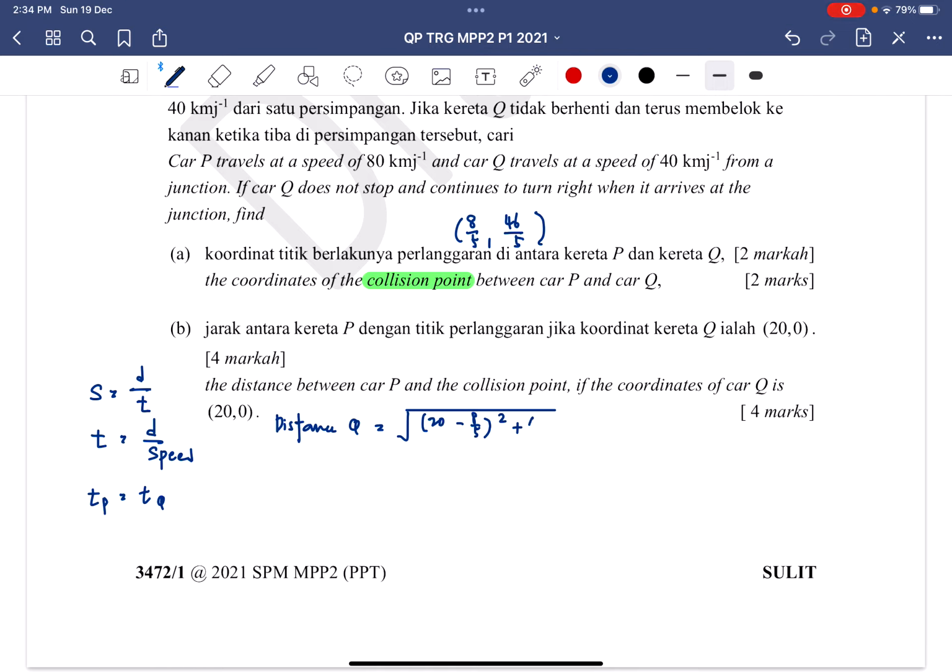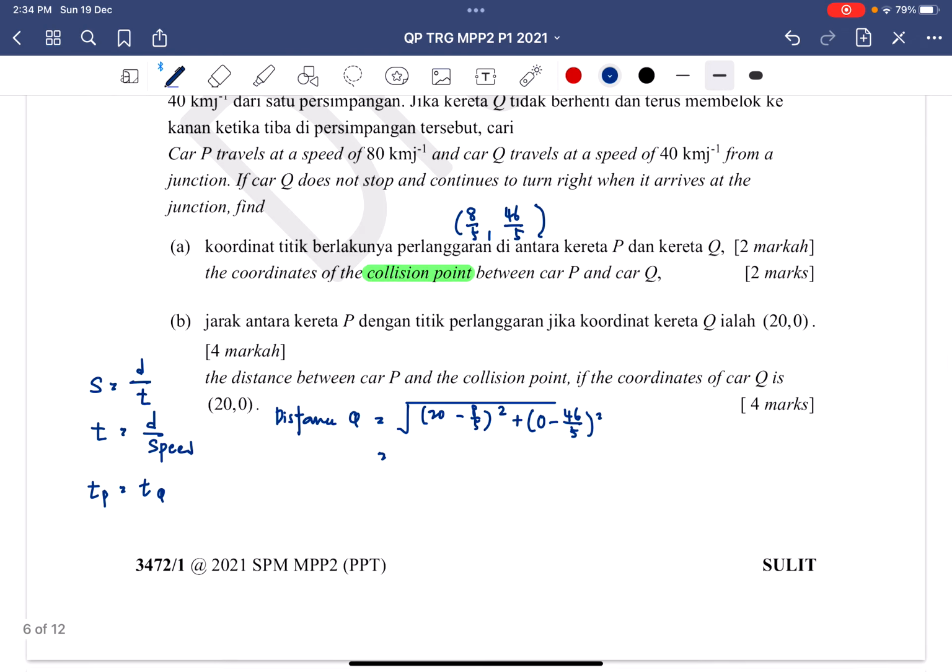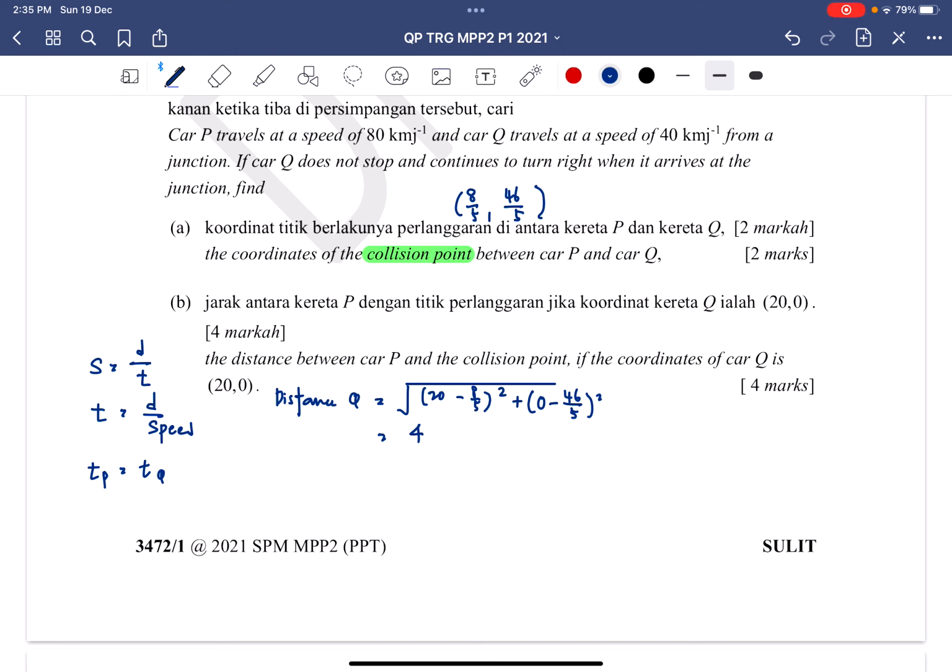So with this, you should get 20.57, or if you use the calculator, you should get the exact form, 46√5/5, which is the distance of Q.